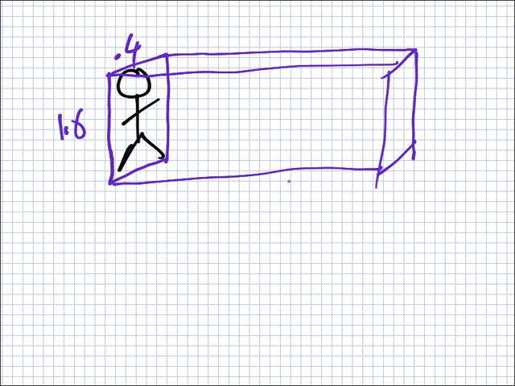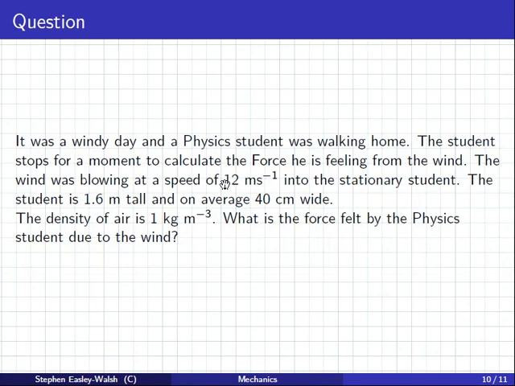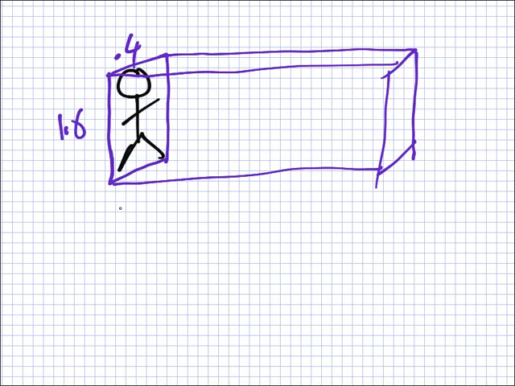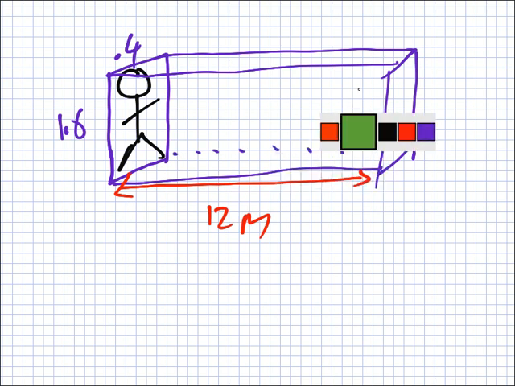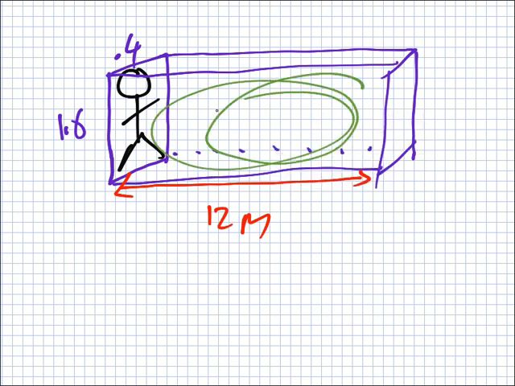How fast is the wind moving? 12. So that means in 1 second, the air which is 12 meters in front of him, all of this air here, will hit him.